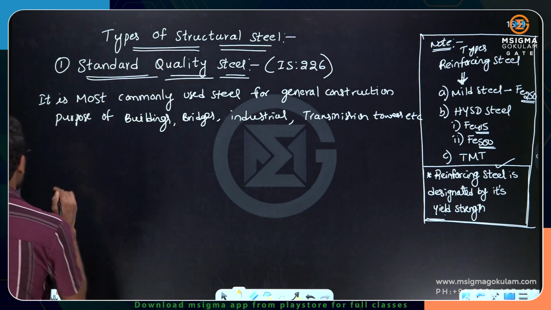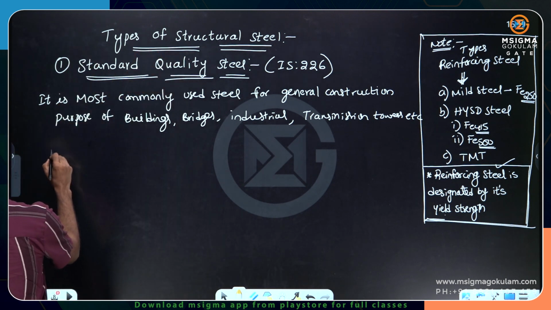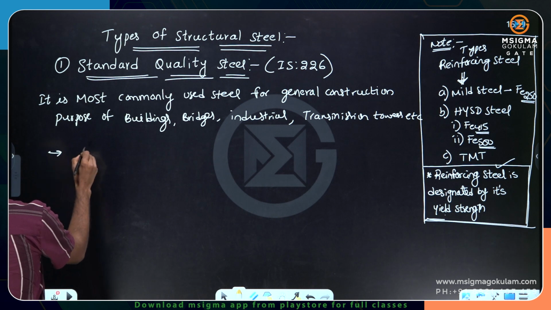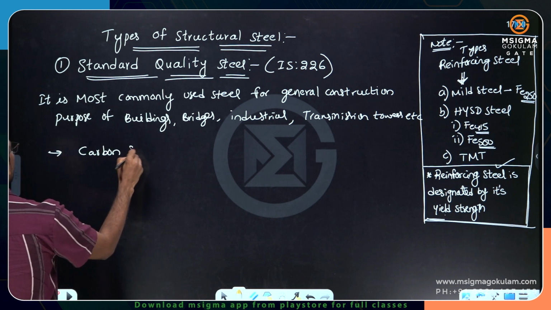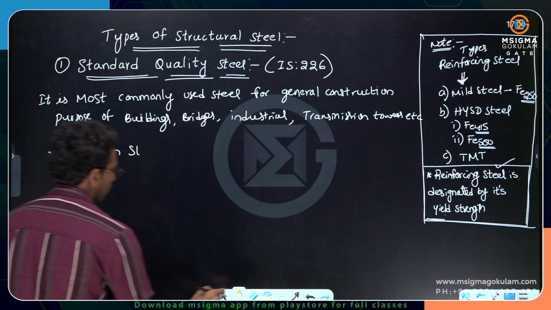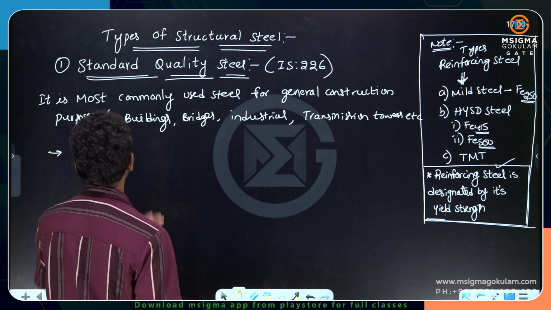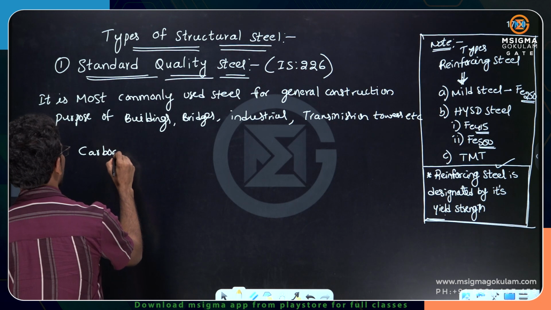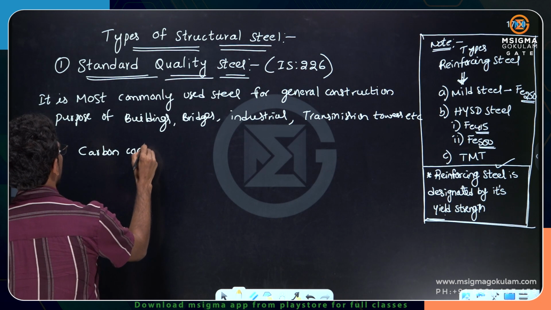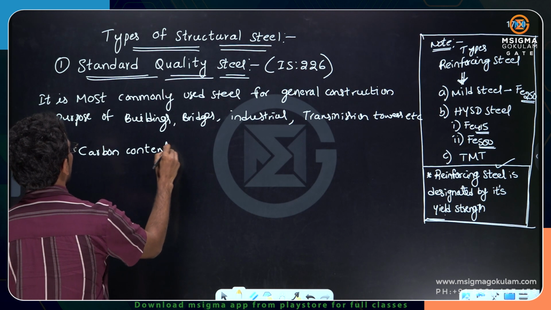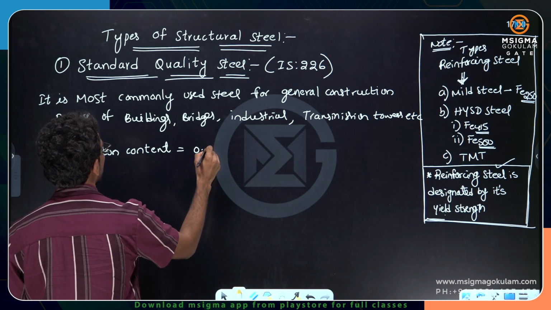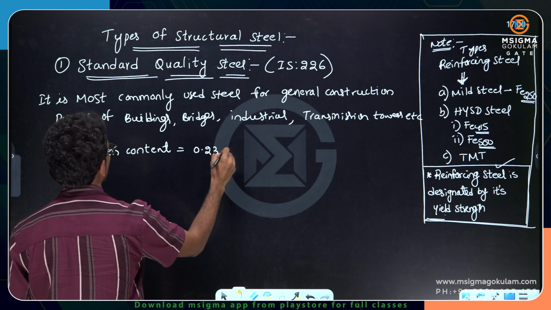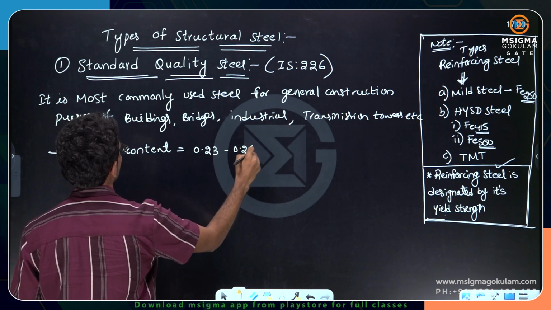And listen, to manufacture this kind of structural steel, the carbon content, I told you, when you want to manufacture a steel, we need to have a certain amount of carbon content. The carbon content used in the manufacturing of this steel is typically in the range of 0.23 to 0.25 percent.